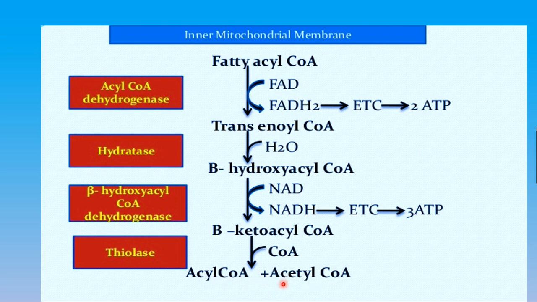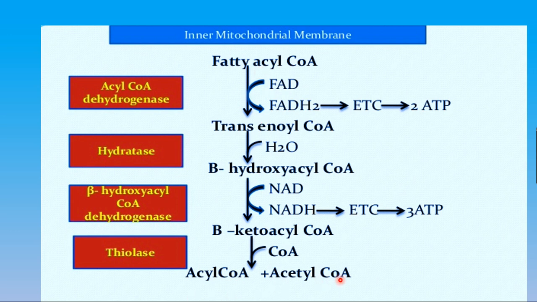So you are going to have two compounds, one is acetyl CoA and another one is the acyl CoA, and the enzyme involved here is obviously thiolase. And now this new acyl CoA containing 2 fewer carbons than the original one re-enters the beta oxidation of fatty acid, and the process continues till the fatty acid is completely oxidized.